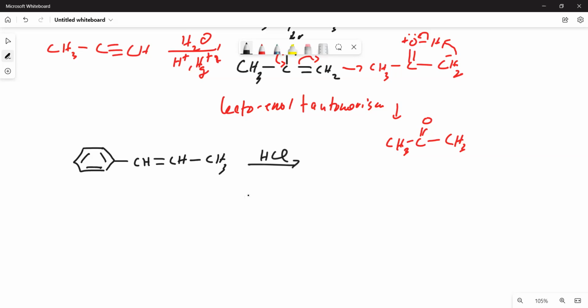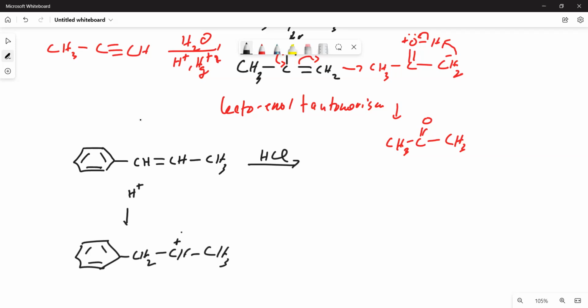But if you know the stability of the carbonium ion, okay, if you're going to place the electrophile here, okay, the resulting intermediate will look like this. We'll have CH2 here, and the carbonium will be here, which is a secondary carbonium.